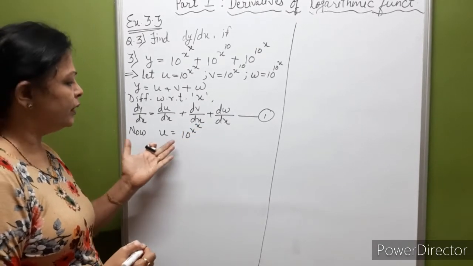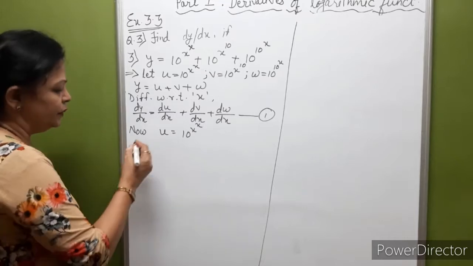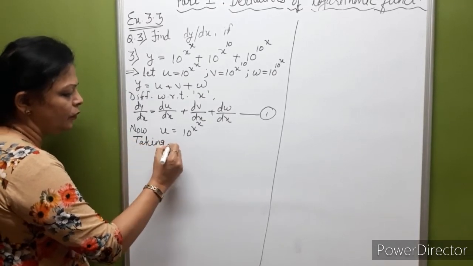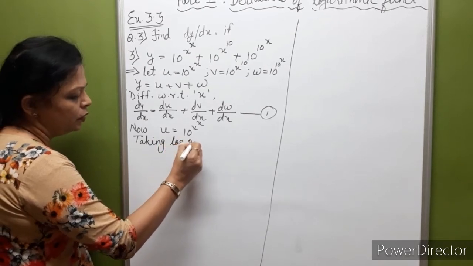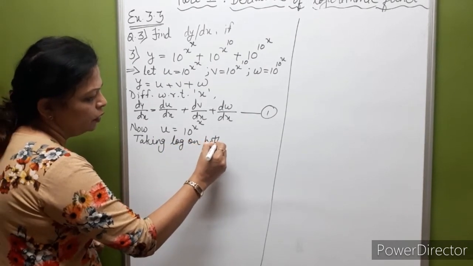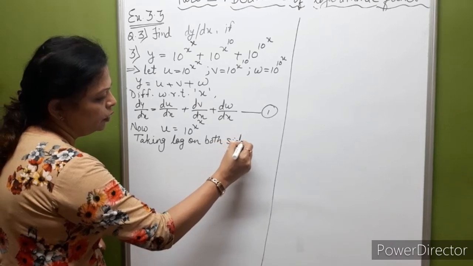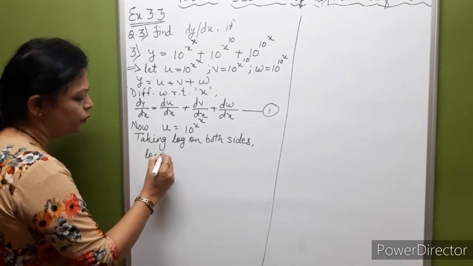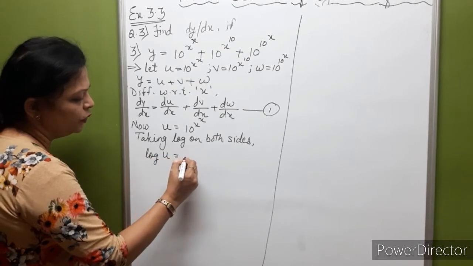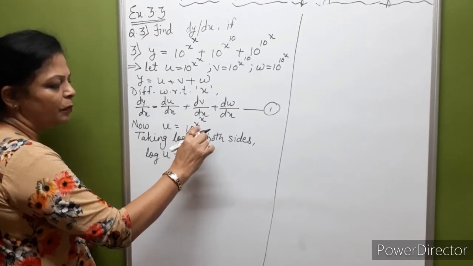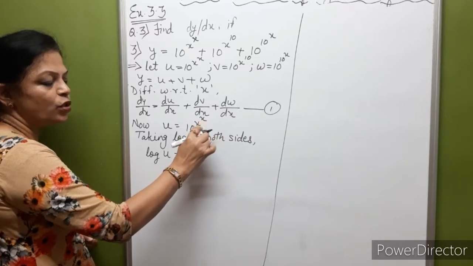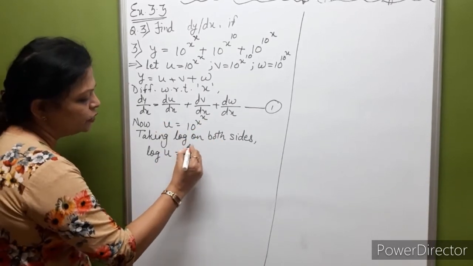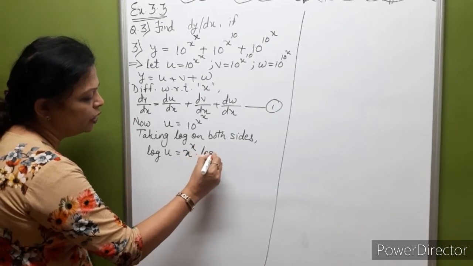So we'll have to take the log function. So taking log on both sides, you will get log u is equal to log of 10 to the power x raised to x. So this x raised to x will come in front for the multiplication. So x raised to x into log 10.